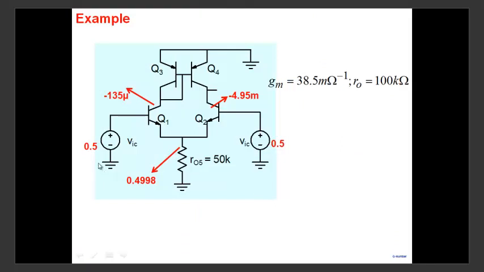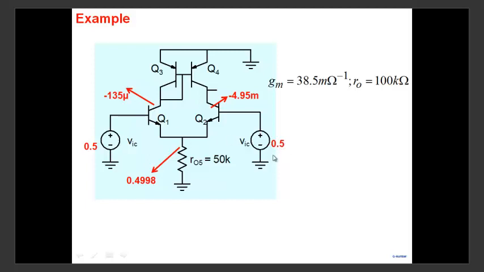So here is my amplifier, the small signal analysis that I was doing. So common mode, small signal analysis. If I apply 0.5 here and I apply 0.5 here, okay? When you don't apply anything, 0 here and 0 here, obviously there's no voltage here.